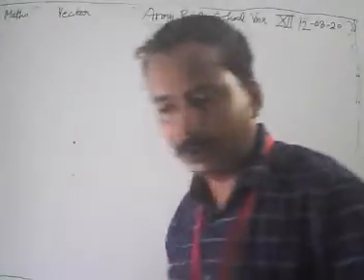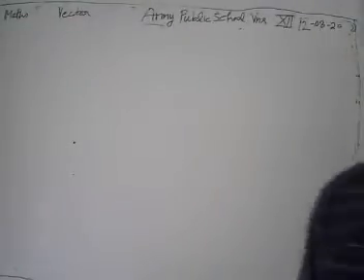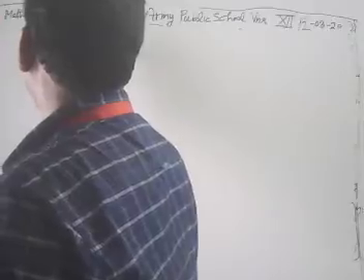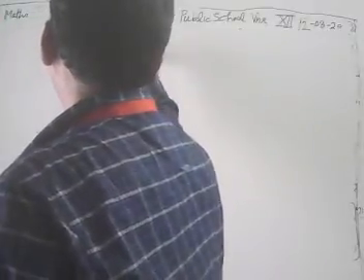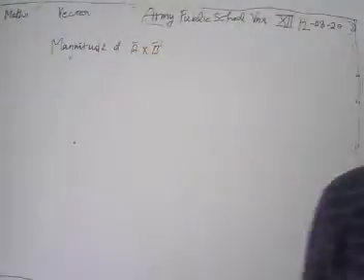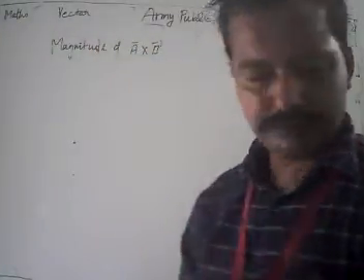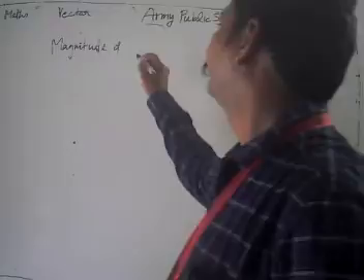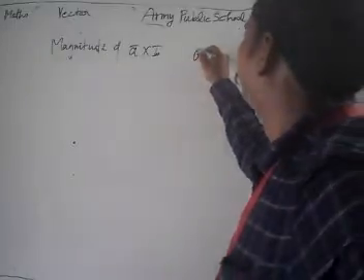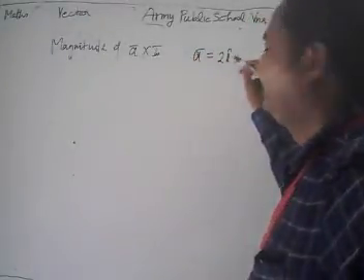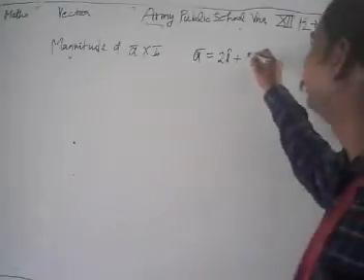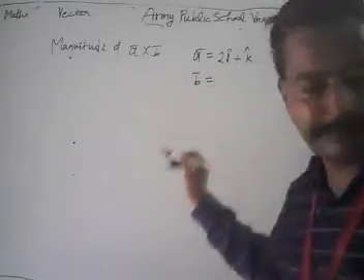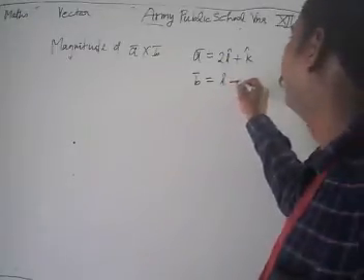Find the magnitude of vector A cross B, where vector A is given by 2i cap plus k cap and vector B is given by i cap plus j cap plus k cap.